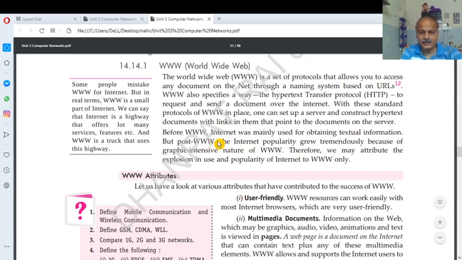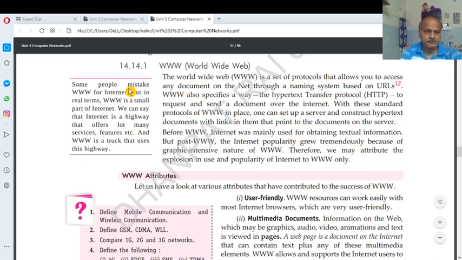Before WWW, the internet was mainly used for obtaining textual information, but post WWW the internet popularly grew tremendously because of the graphic intensive nature of the triple W. Therefore, we may attribute the explosion in the use and popularity of the internet to triple W only.